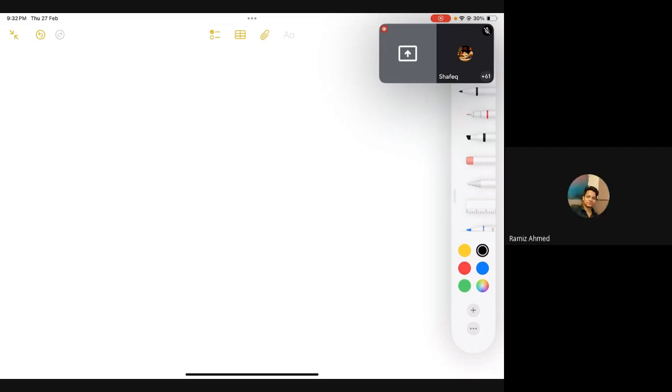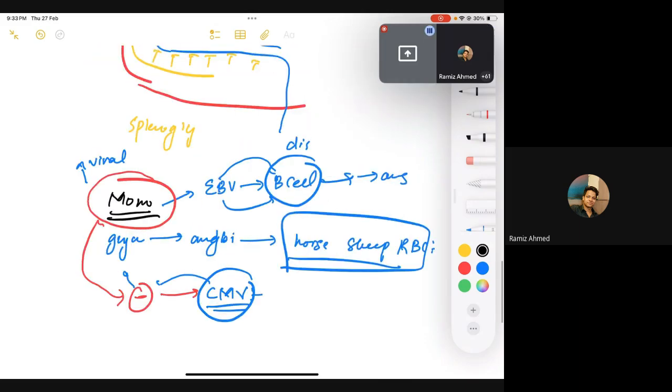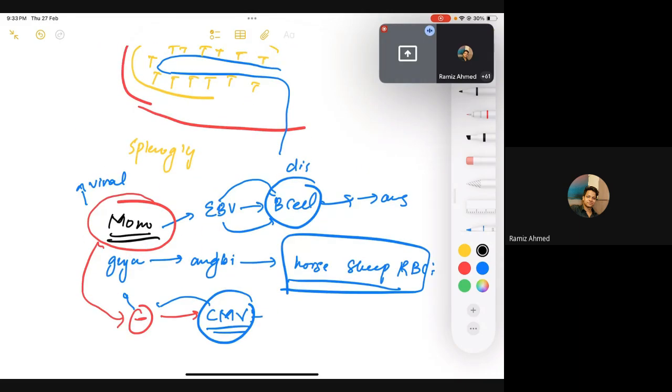Doctor, can you repeat what you said about the monospot test? Okay, so for the monospot test, we discussed what happens in this test. For example, if I have an EBV infection, my B cells are going to make antibodies against horse and sheep red blood cells. Why?